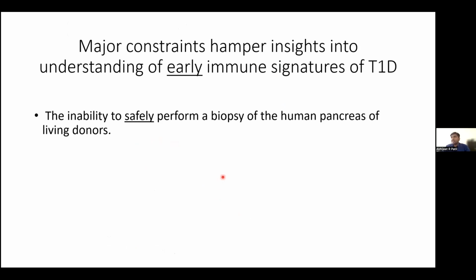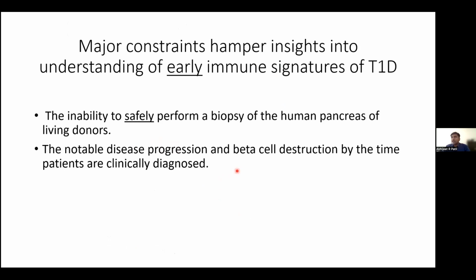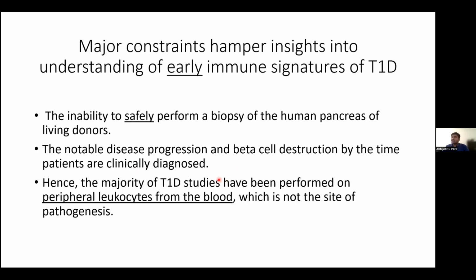The first major constraint is the inability to safely perform a biopsy of the human pancreas of living donors, and the notable disease progression and beta cell destruction by the time patients are clinically diagnosed. Hence, the majority of type 1 diabetes studies have been performed on peripheral leukocytes from the blood, which is not the site of pathogenesis.